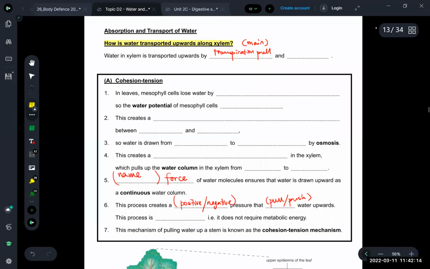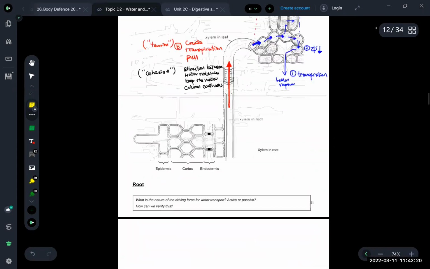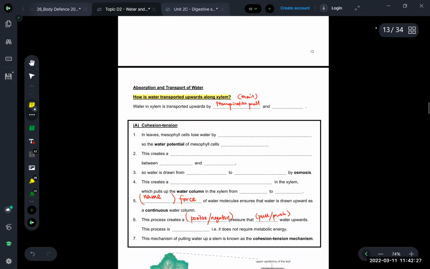Now, let me continue this video by thinking about another possible driving force that moves the water upward. I'm not going to show it here. I'm going to show it in the next page.